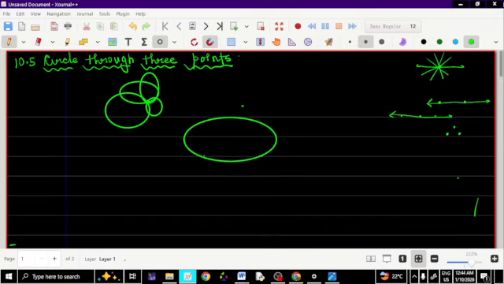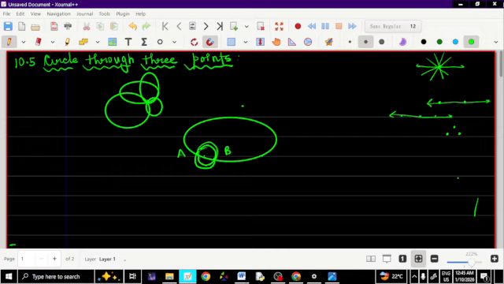I think drawing with the free hand is slightly easier, so let me do that. I'll mark this as point A, and this, let's say, is point B. Then you can have a circle here which will pass through these 2 points. You can draw a slightly different circle here which will pass through these 2 points again. So again you can draw infinitely many circles which are passing through these 2 points A and B.